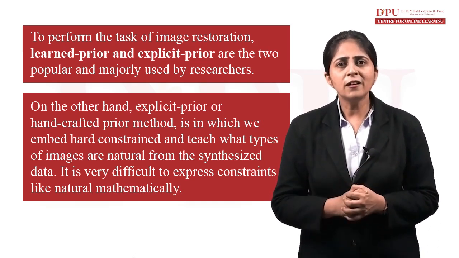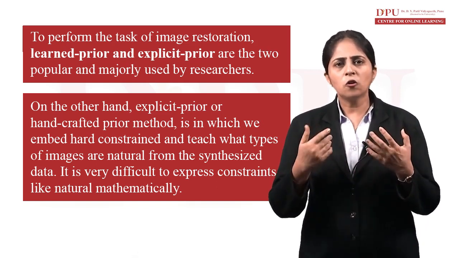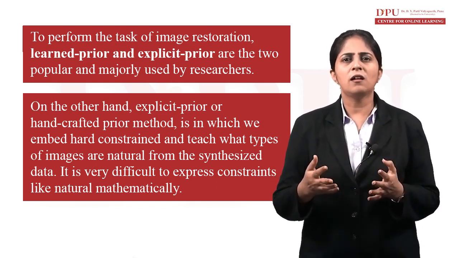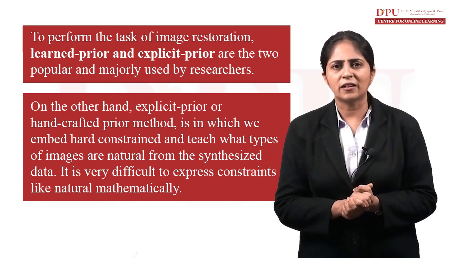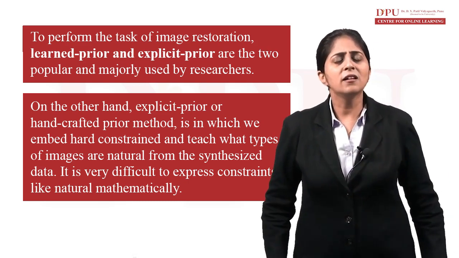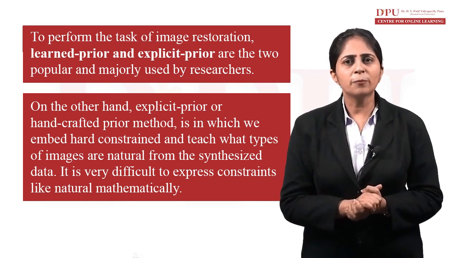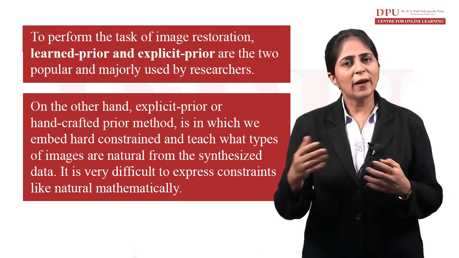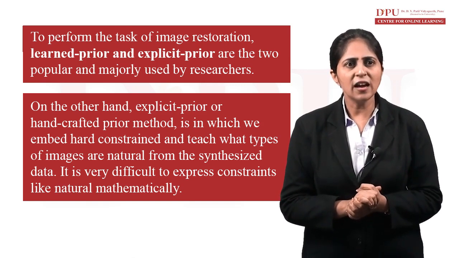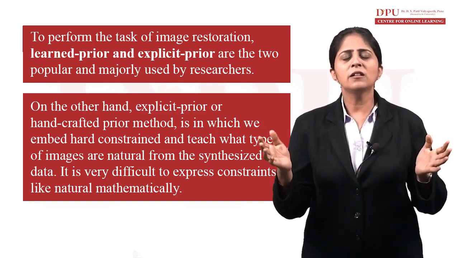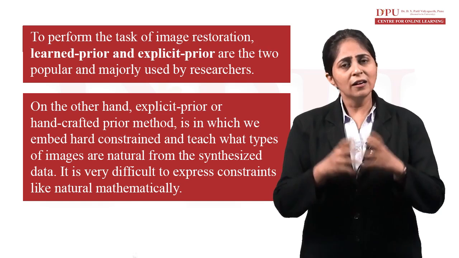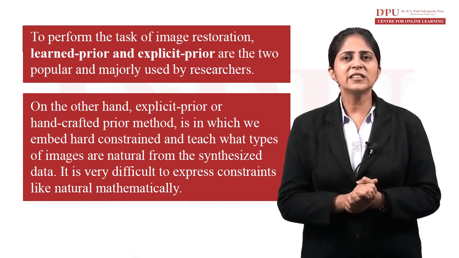It is very difficult to express constraints like naturalness systematically. So in the explicit prior method or the handcrafted prior method, we will provide some synthesized data, and what do we want? We want it to provide us with the clean image. So this is the second method.